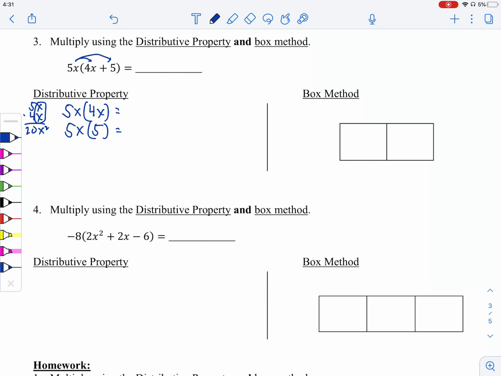We got 2 of these x's together, so x squared. So this is 20x squared. Next one, 5x times 5 will be 25x, because there's only one x, right? 5 times 5 is 25. Only 1x. Those again are not like terms, so we just end up with 20x squared plus 25x.